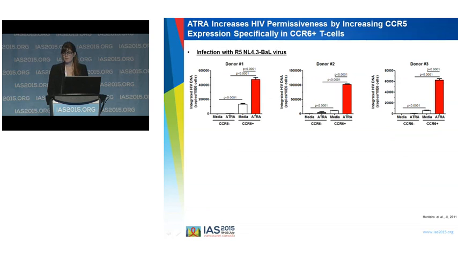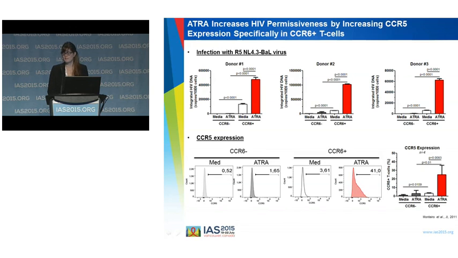Studies by our lab demonstrate that treatment with all-trans retinoic acid, or ATRA, induces the expression of integrin alpha-4 beta-7 in both subsets, CCR6 positive and negative T cells, but an increase in HIV DNA integration and replication was observed only in CCR6 positive T cells after ATRA treatment.